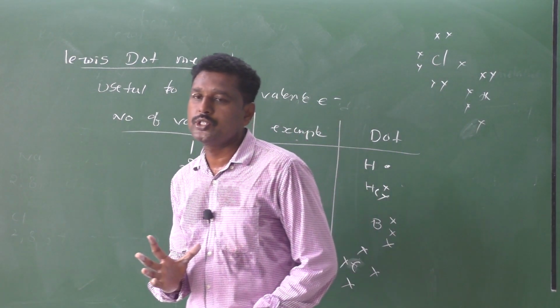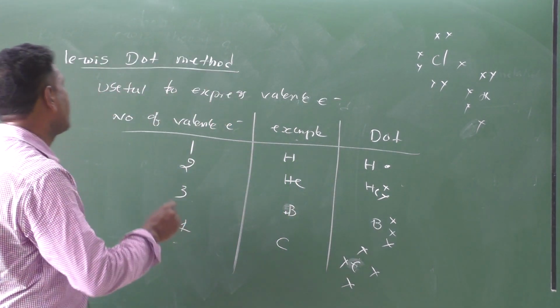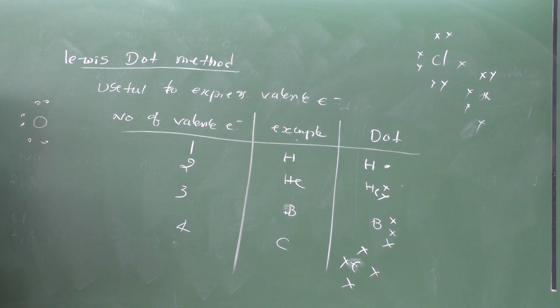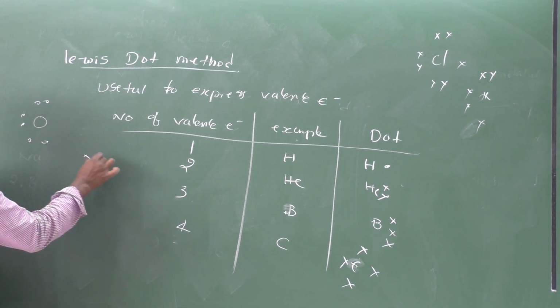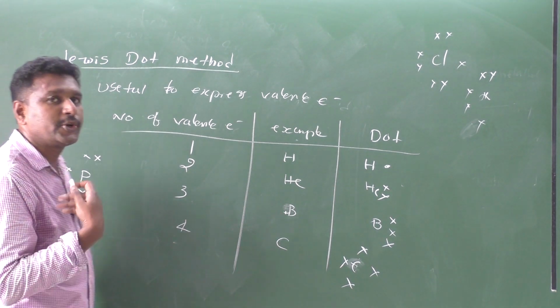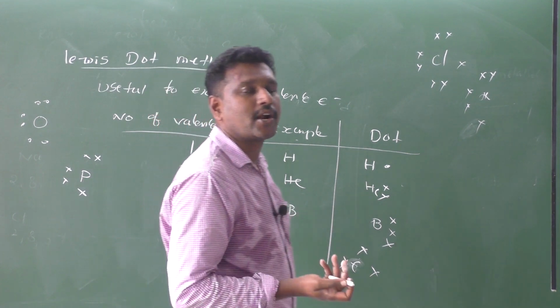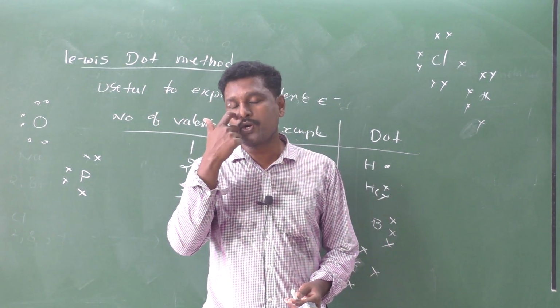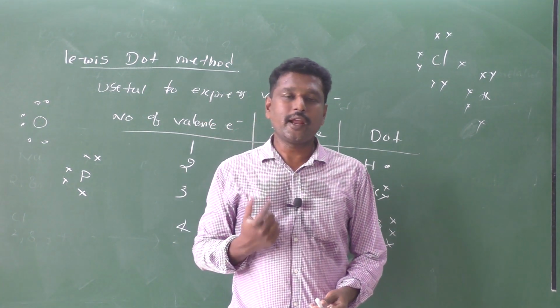Oxygen has 6. Phosphorus has 5 valence electrons. So this method is useful to express the valency electrons. So this is about the introduction to chemical bonding.